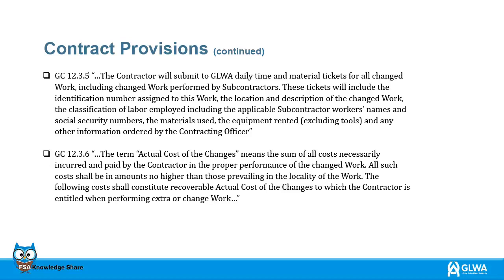The term actual cost of the changes means the sum of all costs necessarily incurred and paid by the contractor in the proper performance of the changed work. All such costs shall be in amounts no higher than those prevailing in the locality of the work. The following costs shall constitute recoverable actual cost of the changes to which the contractor is entitled when performing extra or change work.